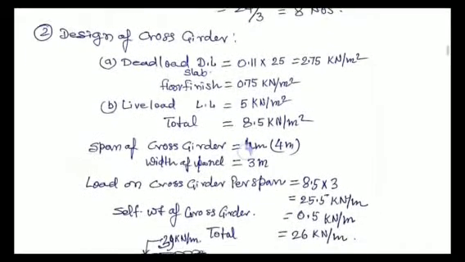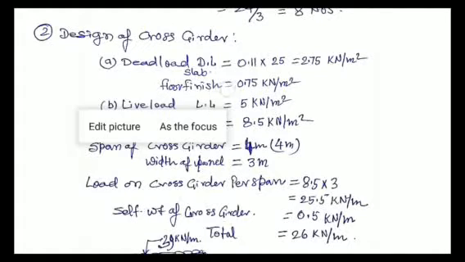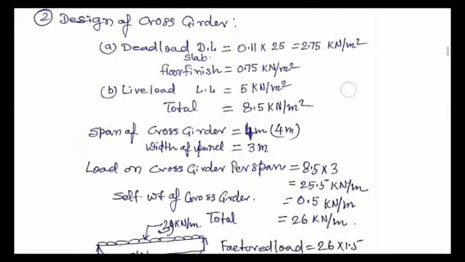Now design of cross girder beam. First of all, to design the cross girder beam, we have to find out the loads over cross girder. So dead load on the cross girder will be this way.